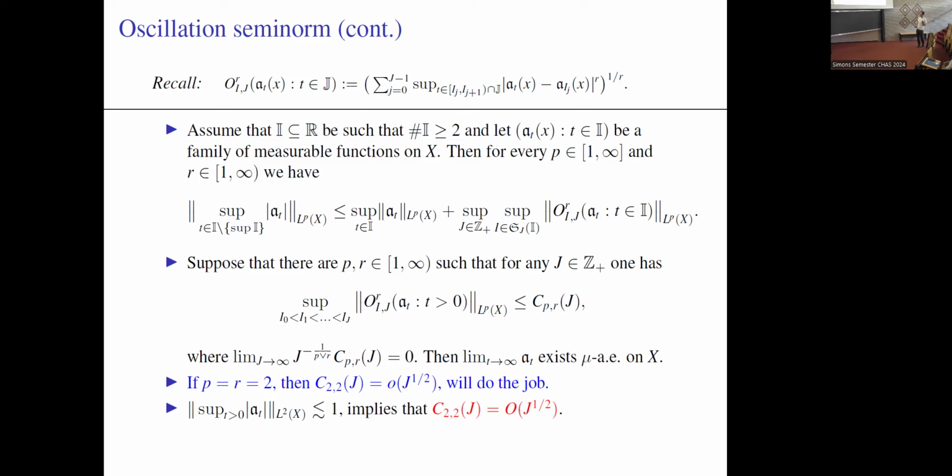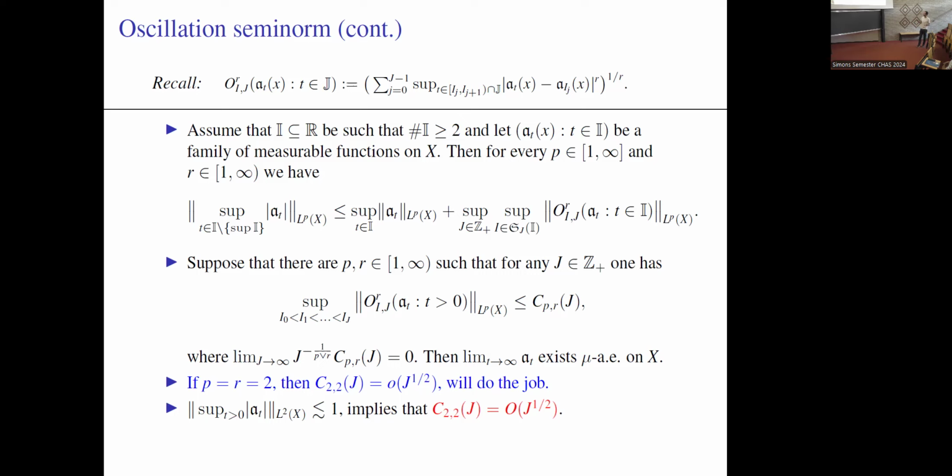But in the 80s, when Bourgain was originally proving L^2 boundedness of pointwise convergence for the averages along squares, the uniform bound was not available.